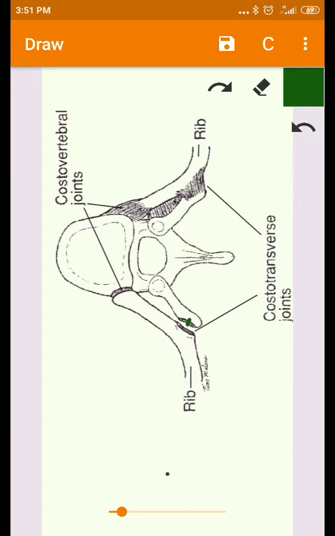costotransverse ligaments. The superior costotransverse ligament has 2 laminae. So this is the superior view, and the ligament we are seeing here is the superior costotransverse ligament, and it has 2 laminae which extend from the neck of the rib to the transverse processes.